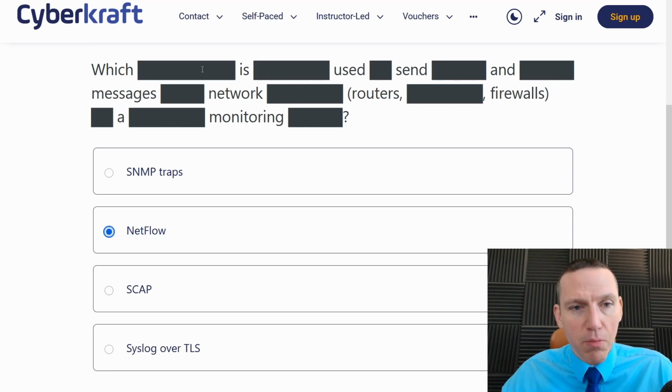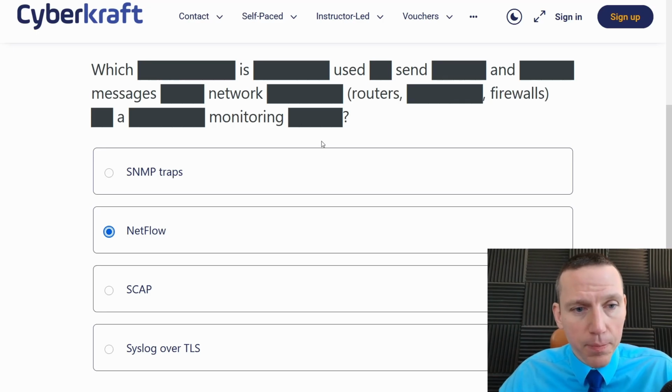Which maybe protocol is used? Is blank used to send? Maybe I'm guessing that's to send something and something net messages from network nodes to a central monitoring hub.